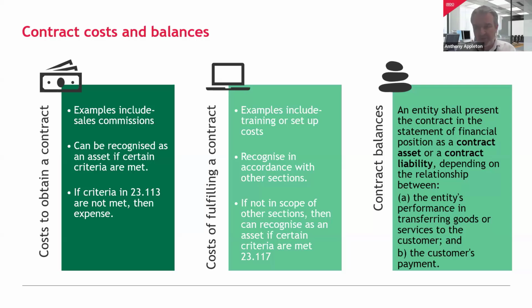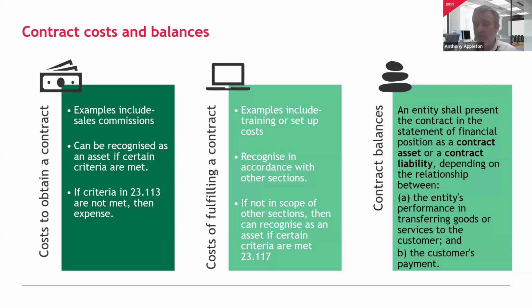This now becomes part of the cost of a contract rather than something which you probably have expensed in advance before now. You can only recognise it if certain criteria are met, and these are that you've only incurred it because you've obtained the contract. That's the case for something like a sales commission. You'll only need to pay that if you've won the contract, and you expect to fully recover those costs under the contract, and you'll generate enough revenue. In those cases, you can recognise an asset.